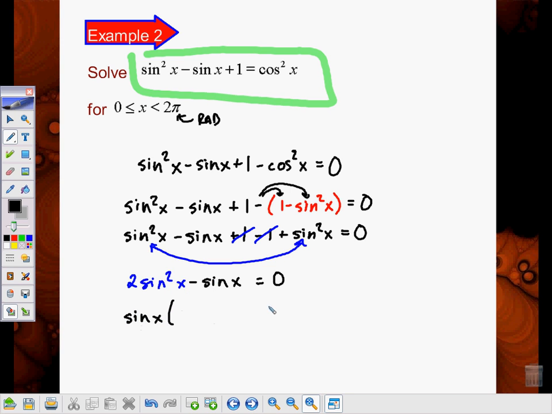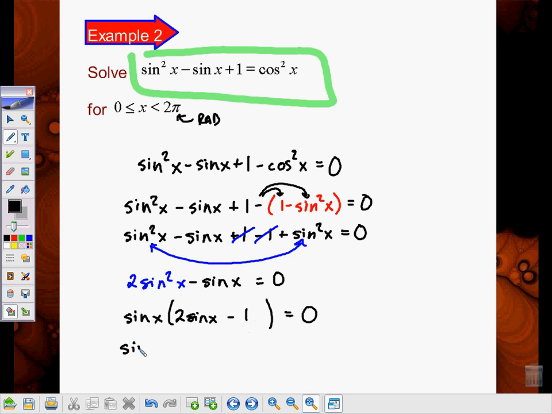Sine x. And when I factor that out of the first term, that leaves me with a 2 sine x. Factor it out of the second term, that leaves me with a minus 1 equals 0. And now I can apply my zero product property that says if I'm multiplying two things and their product comes out to 0, one of those two things must be 0, one or both of them.